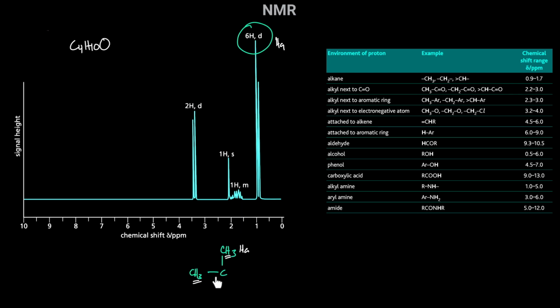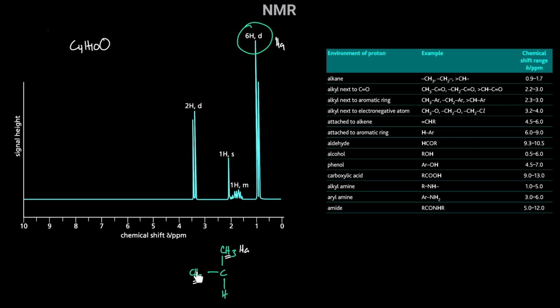So these guys are bonded to a carbon, just an alkane carbon, and then this carbon must be bonded to one hydrogen. The reason is that these 6 protons are split into a doublet, which means that the neighboring carbon has one hydrogen.